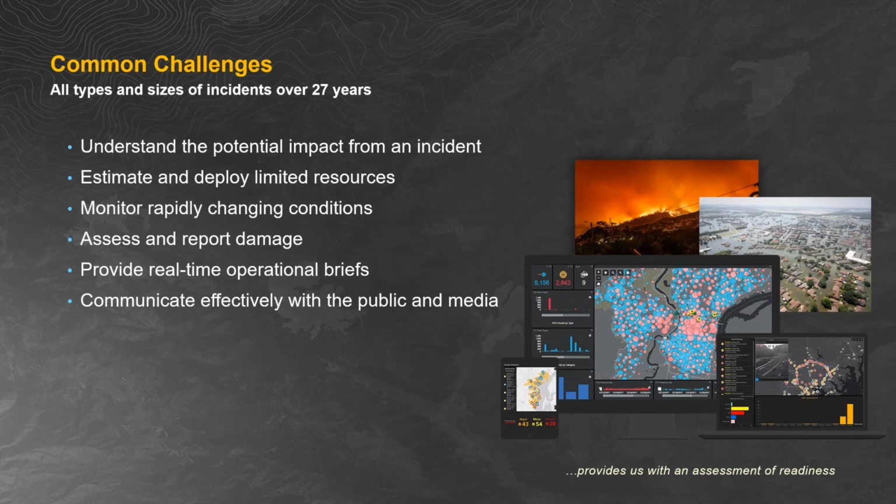So we're in the field, we're operating, how do we actually make sure that the data is collected in the field, being reported, is flowing back in, and then providing real-time operational briefs to our partner community, to our elected officials, and eventually to the public and media as we communicate effectively on when we need them to take action, whether that's shelter in place, to evacuate, or to get prepared in advance of a storm making landfall. I would say that these are the starting points for all of us today to do an assessment of our readiness.